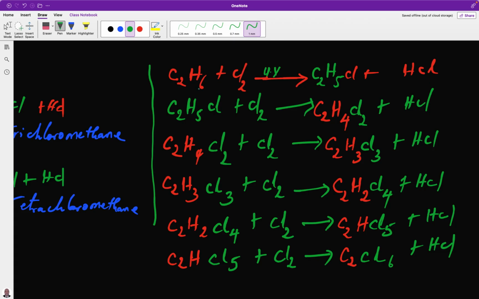So one hydrogen has been substituted here. When one hydrogen is substituted, we have C2H5Cl plus HCl, and this is called what? We call it chloroethane.